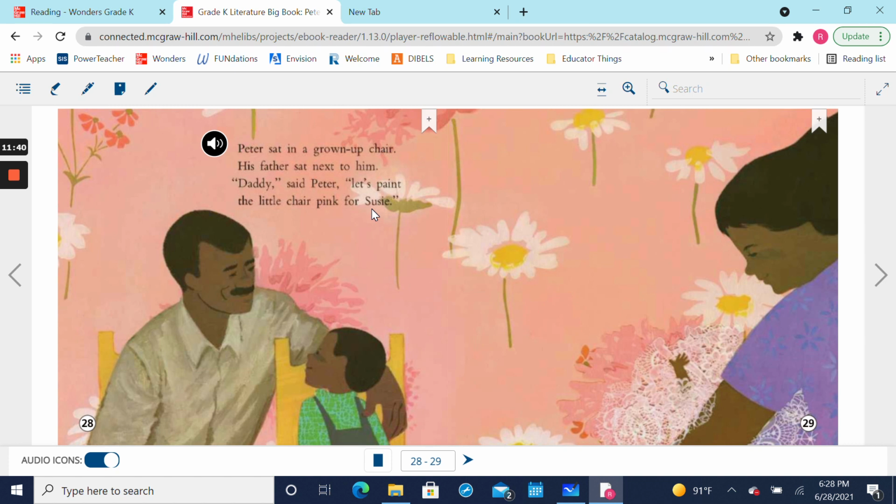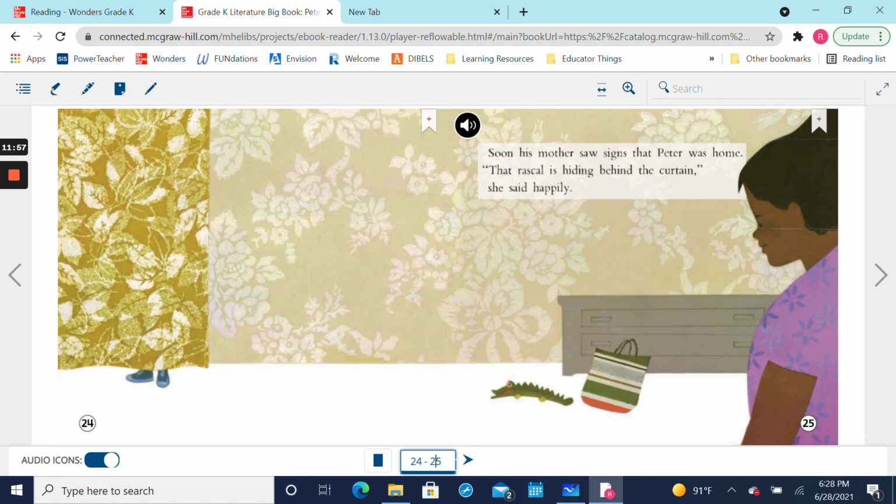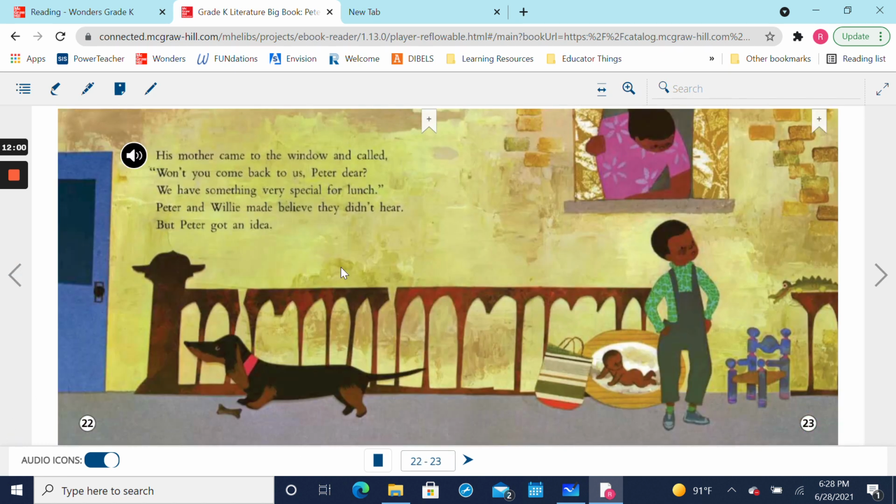Wait a second. Why do you think that Peter decides that he wants to paint the chair pink for Susie? Well, if we look back, we remember that Peter couldn't fit in his chair before.